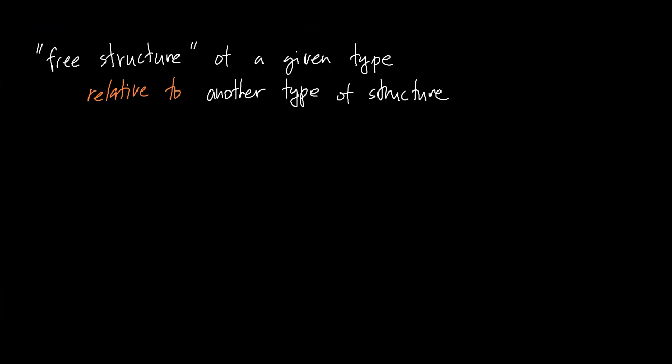So let's work on an example. I guess the easiest example to work with would be if we choose for the first type monoids, so we take the category of monoids, and for the second type we take sets.